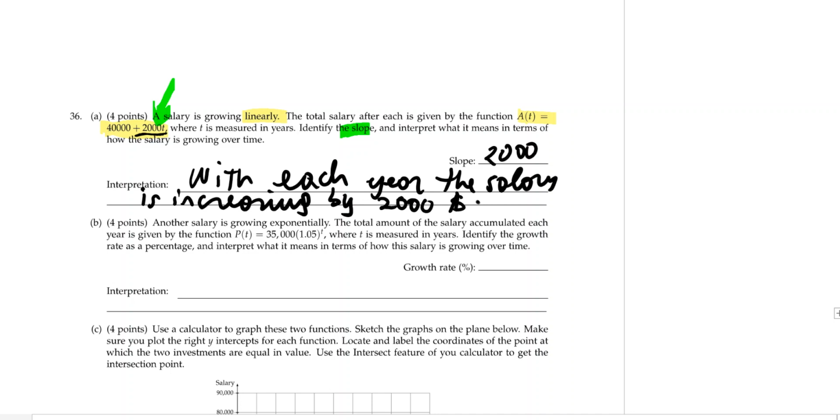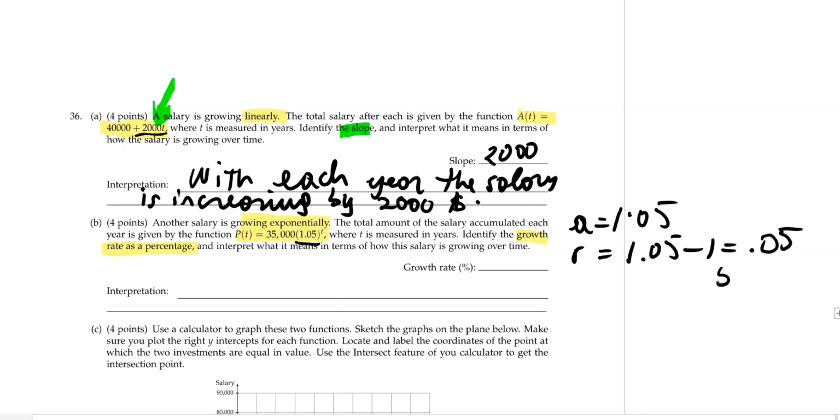Now we have that the salary is growing exponentially by this, where t is measured in years. Identify the growth rate as a percentage. So this is the growth factor right here. So the growth factor is 1.05. The growth rate is going to be 1.05 minus 1, which is 0.05.